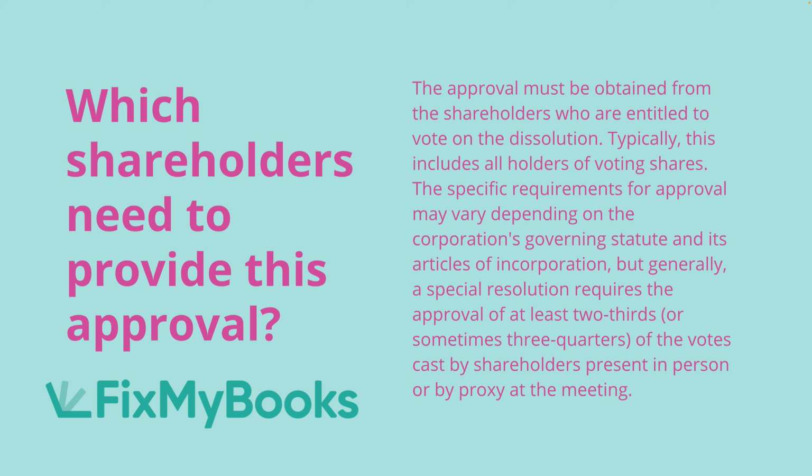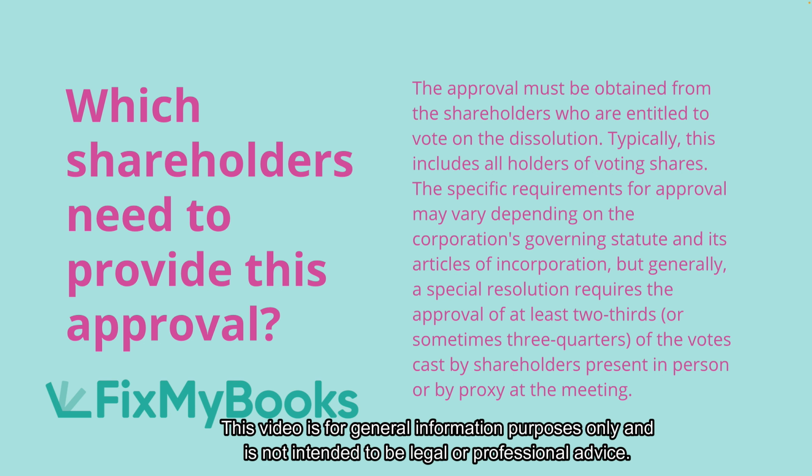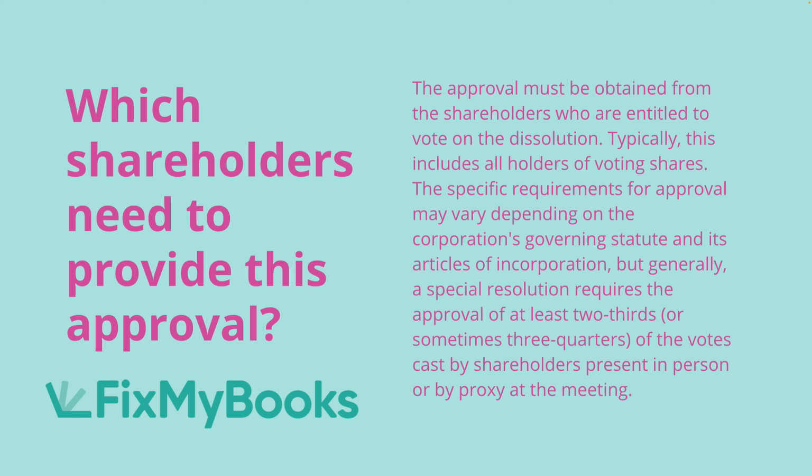So the specific requirements for approval may vary depending on the corporation's governing statute and its articles of incorporation, but generally a special resolution requires the approval of at least 2/3 or sometimes 3/4 of the votes cast by shareholders present in person or by proxy at the meeting. So this would also be in your shareholders agreement.